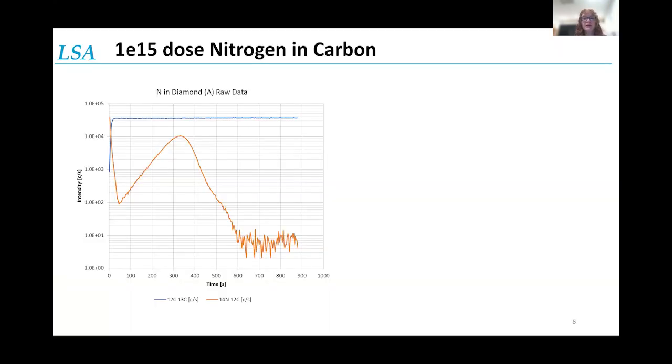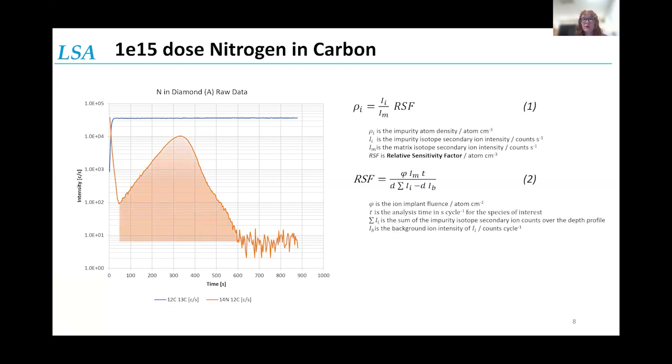So I'm going to go through a bit about how we use implants to quantify. This is our raw depth profile from a magnetic sector machine. We've got intensity on the Y scale and time on the X scale. We can then use two different equations to calculate a relative sensitivity factor. Using equation 2, we can calculate the area under the curve.